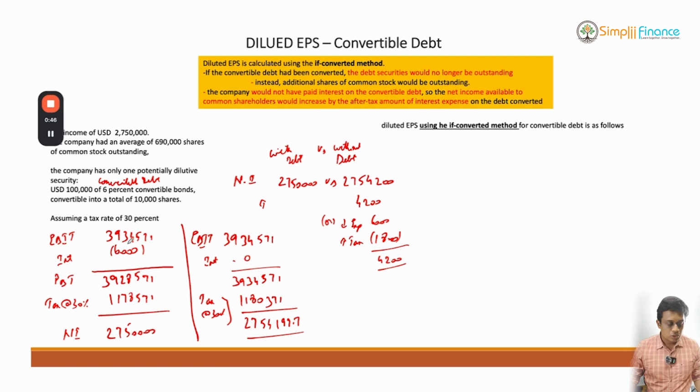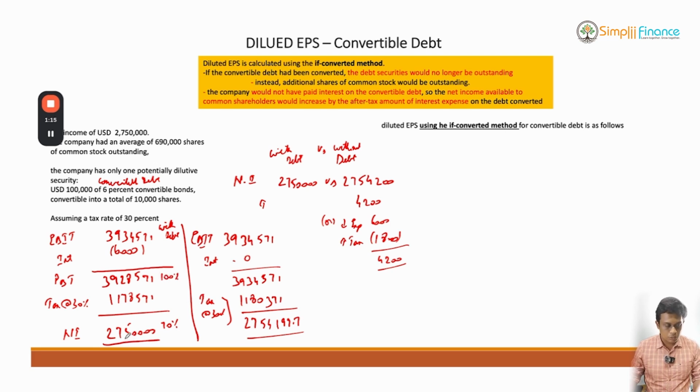statement? So here, this is with debt, you just try to back work. If the net profit was 2.75 million, this should have been the EBIT, that is earnings before interest and tax. So just back worked and got this number. So this becomes 70%. So this has to become the 100%.